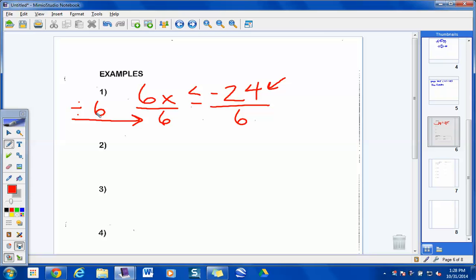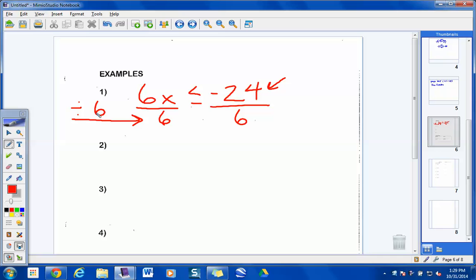Negative. Ooh, careful. What are we dividing by down here? Positive. We're dividing by a positive 6. So the process says you're really dividing by a positive. So in this example, since you're dividing by a positive, is that less than or equal to sign going to change? No. You want to keep it the same. So this process says divide by 6. Just because there's a negative in the problem doesn't automatically mean you're going to switch this.